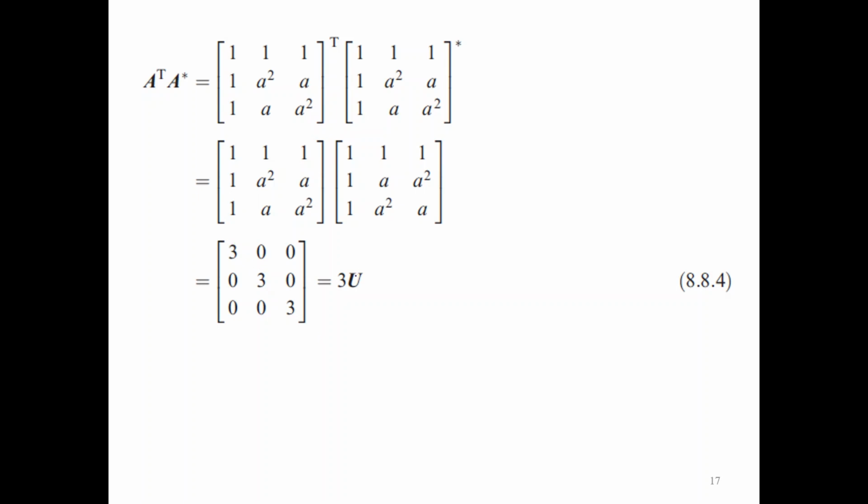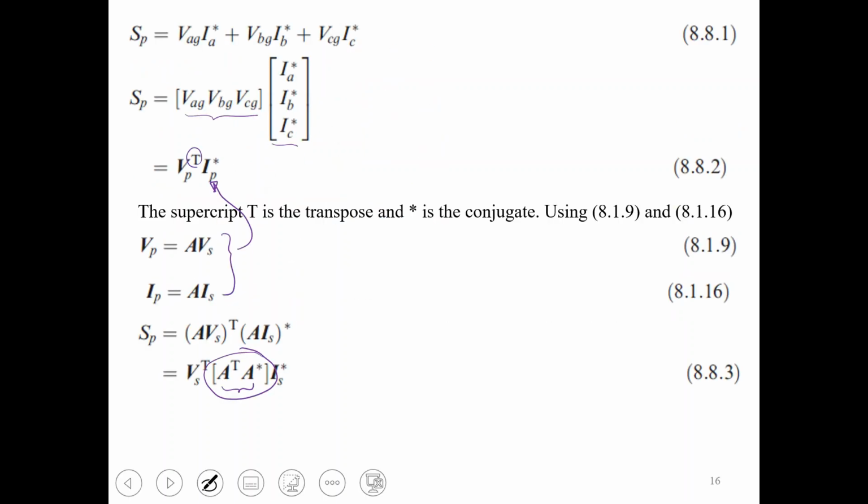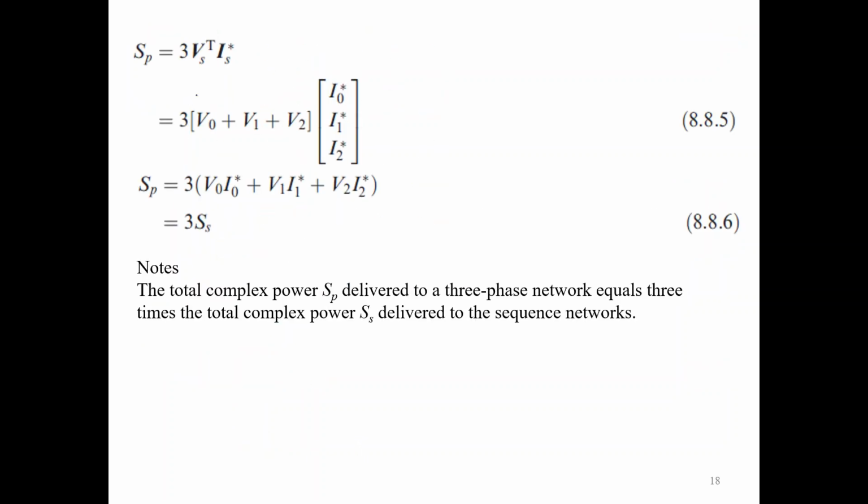Once you have put this 3 times identity, U, back into the original equation, you have 3 times U, where U is the identity matrix. Now you have this equation. This equation tells you that SP is equal to 3 times Vs transpose times Is conjugate.